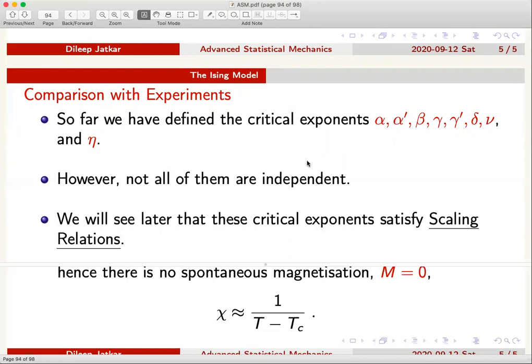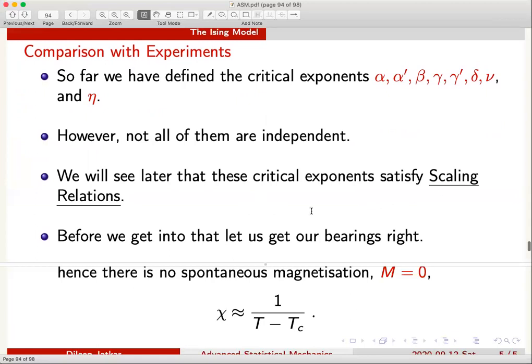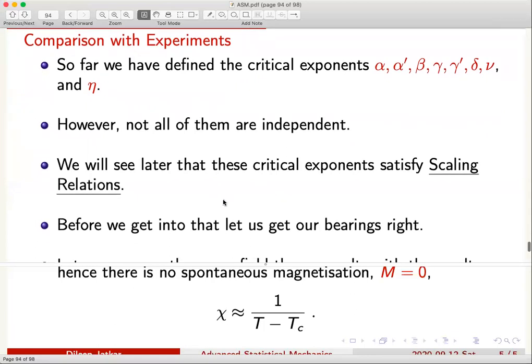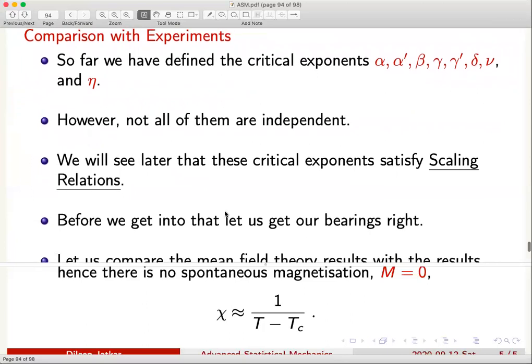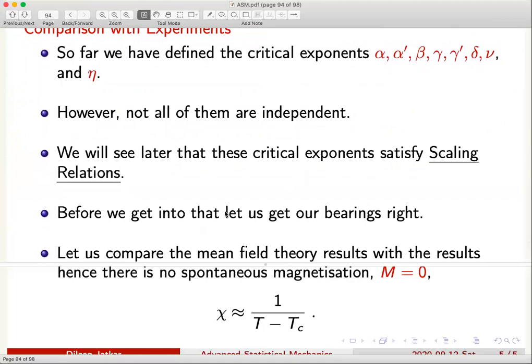So the mean field results are in that sense some kind of ad hoc structure that we have obtained by making specific assumptions about how the system would behave. Fine. Of course we will talk about scaling relations at a suitable time, but before we do that, let's see to what extent we are correct, or to what extent we have gone wrong in all our computations.